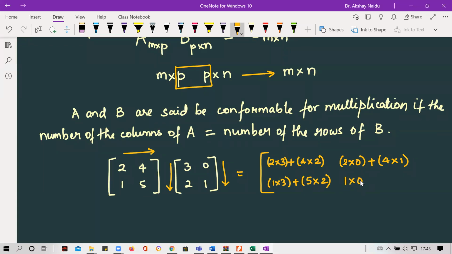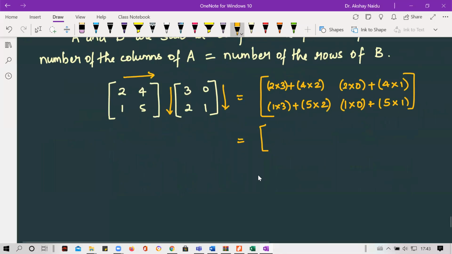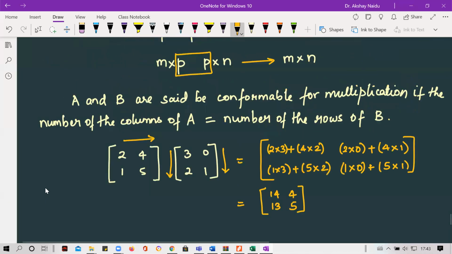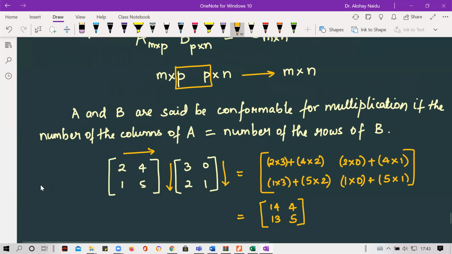So 1 into 0 plus 5 into 1. So the product is 6 plus 8, 14, 4, 13, 5. So this is how matrix multiplication is defined.